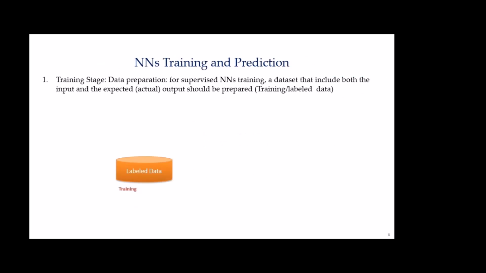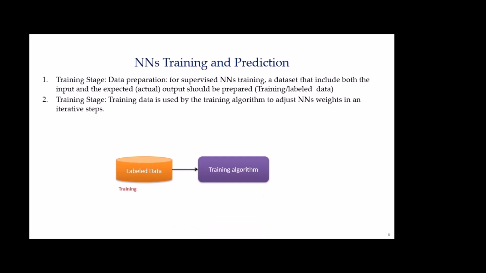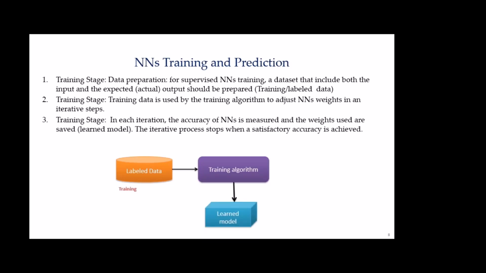During the training, we have a training stage, during which we have a data preparation step, which involves preparing data in a way that can be used by the training framework. This labeled data is provided into the training algorithm, which will start an iterative approach.